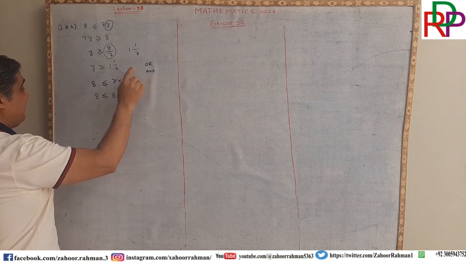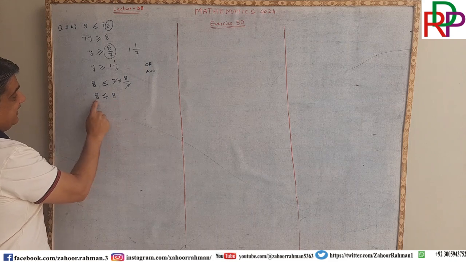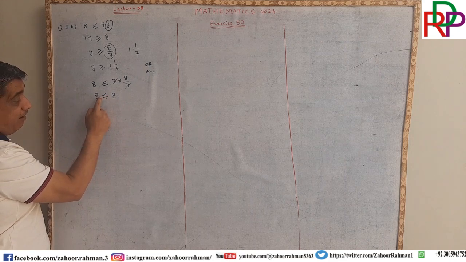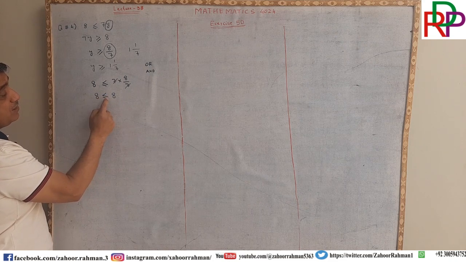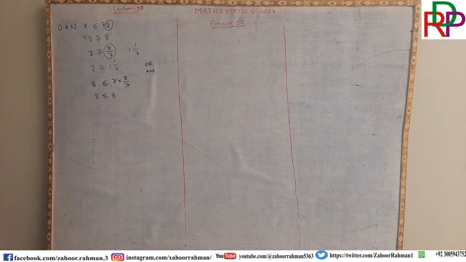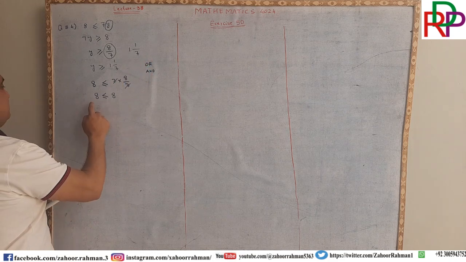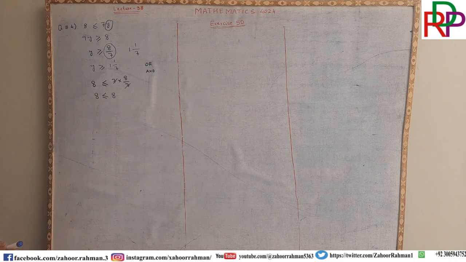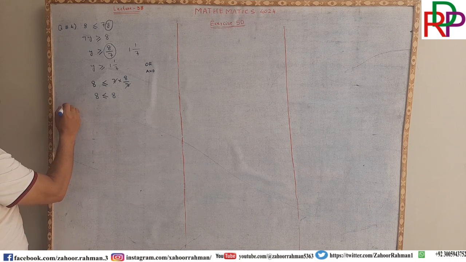In this or, we are saying 8 is less than or equal to 8. It is not less than 8, but it is equal to. So one condition is true, so it means the whole condition is true. So 8 over 7 is the smallest fraction which can satisfy these inequalities.